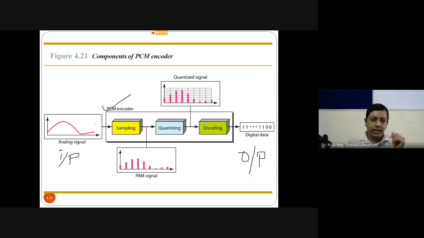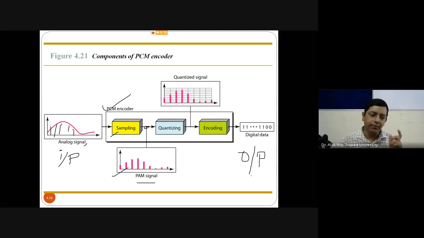Means the analog signal will be measured at different time instances to get the PAM signal, known as pulse amplitude modulation signal after sampling.